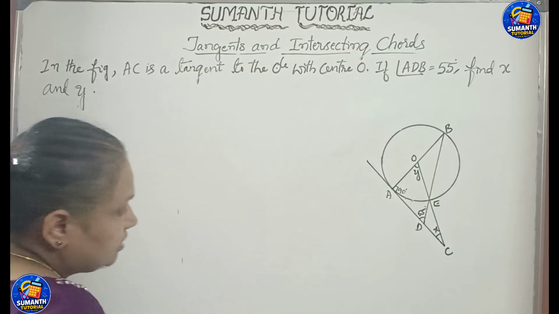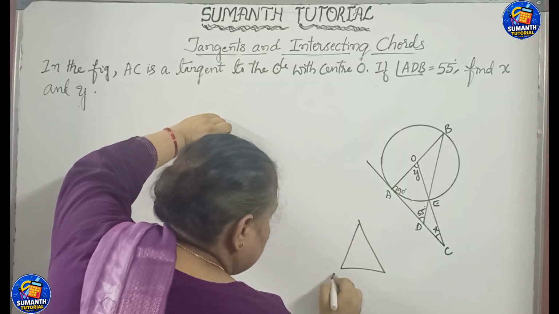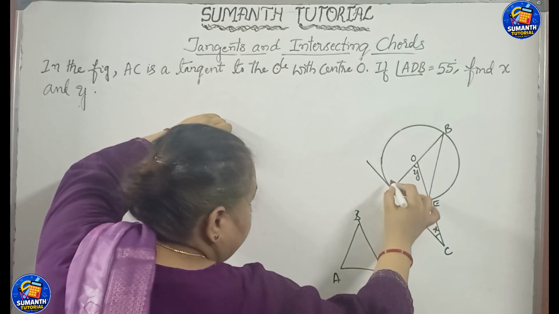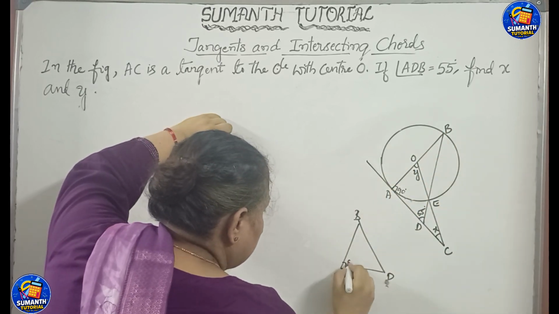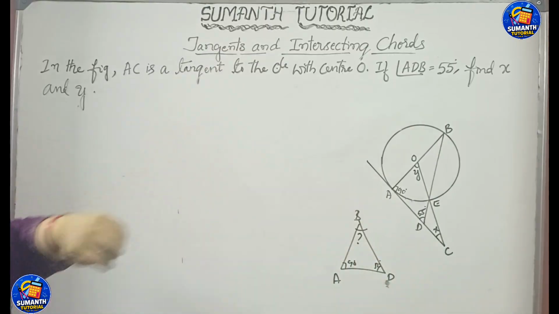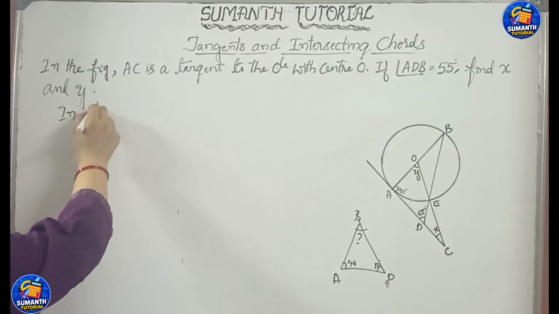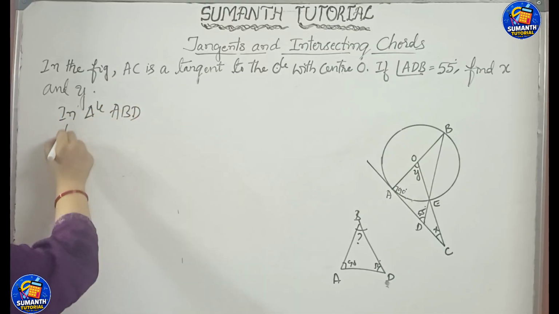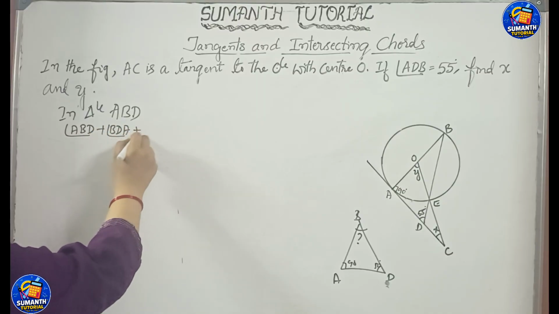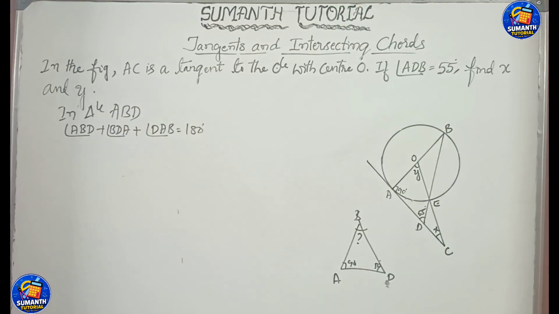First and foremost, look at the figure and now just see this one as ABD. Is this looking like a triangle? One angle we know is 90 degree, another we know as 55 degree. Can we calculate B? Yes. So here in triangle ABD, angle ABD plus angle BDA plus angle DAB is equal to 180 degree. What is angle ABD?